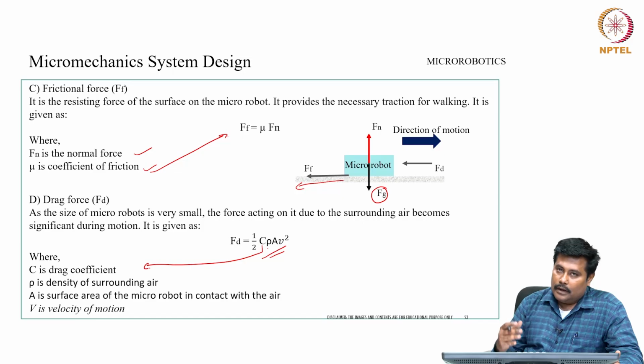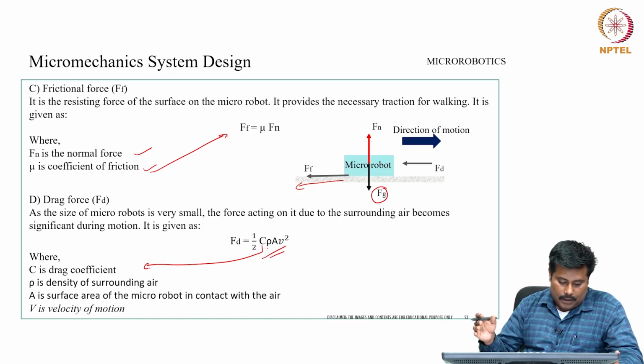Since it is on a micron level, of course, the density of the surrounding air will have an impact on the propulsion of these kinds of micro robotic systems. A is the surface area of the micro robot which is in contact with the air, and v is the velocity of the motion in the system.